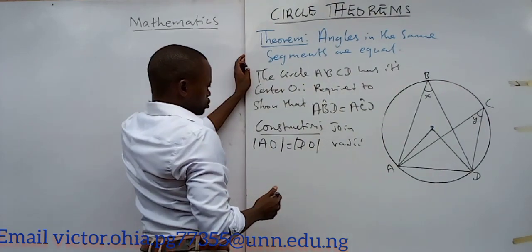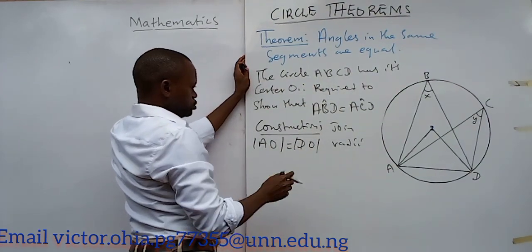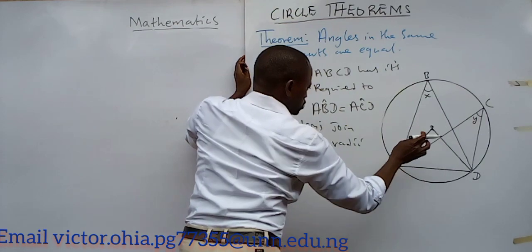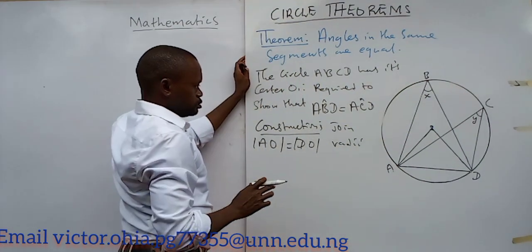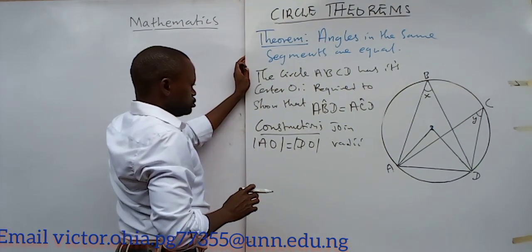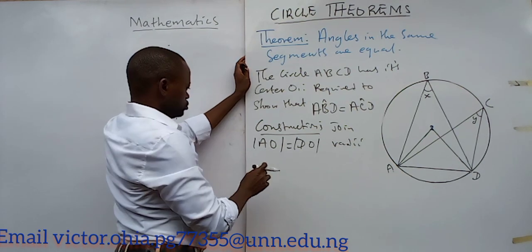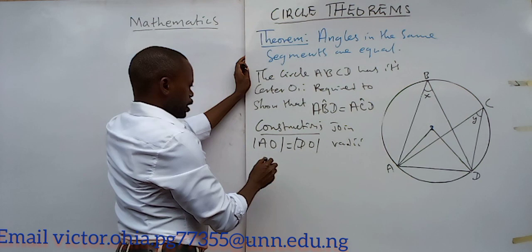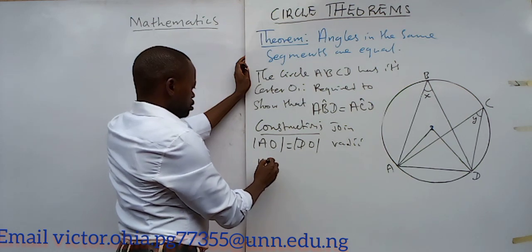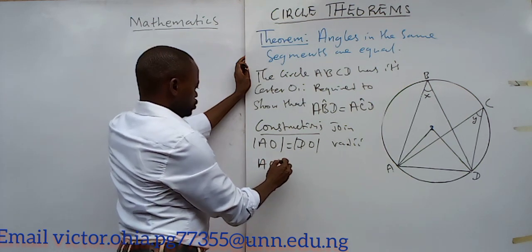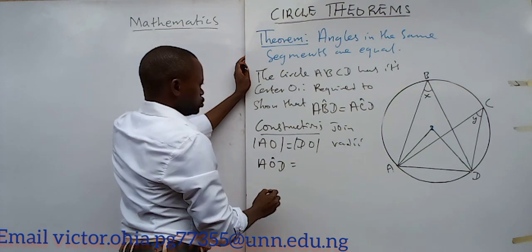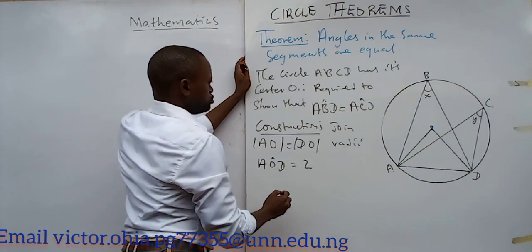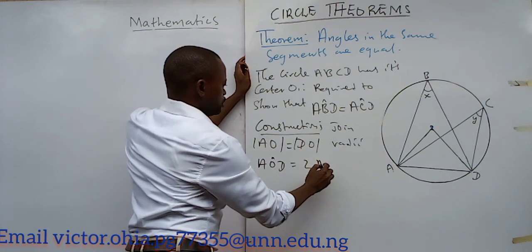So when we do that, we realize that O is the center of that circle, and by implication, this angle AOD is equal to 2 times ABD.